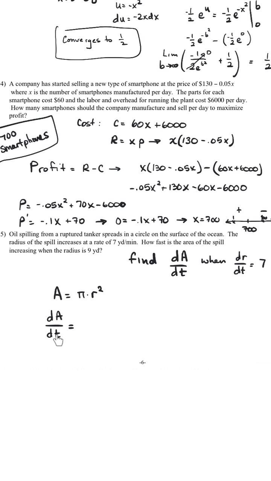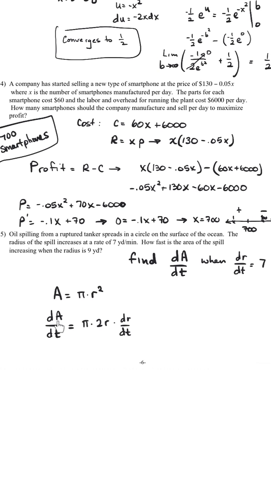So that's implicit differentiation. So the derivative is going to be 2 times r times pi. So this is pi times 2r, but then we need to multiply by a dr/dt. That's the implicit differentiation part here. The derivative of r with respect to time is dr/dt.